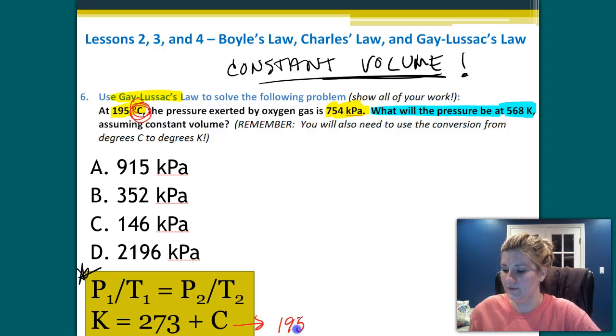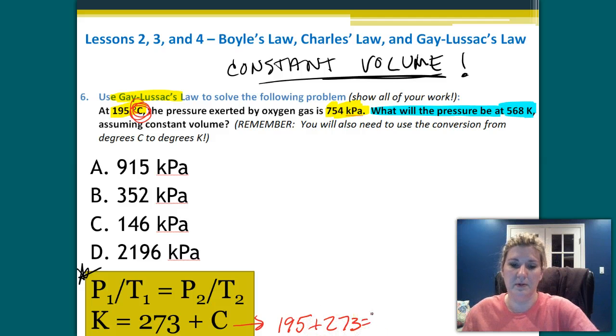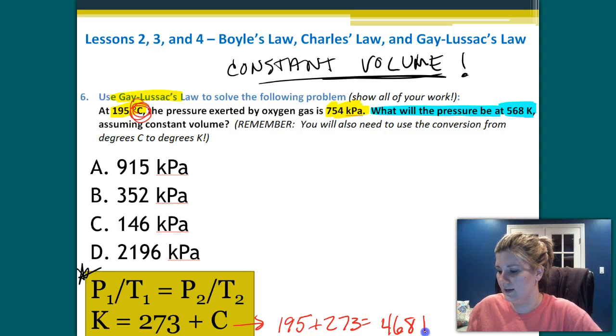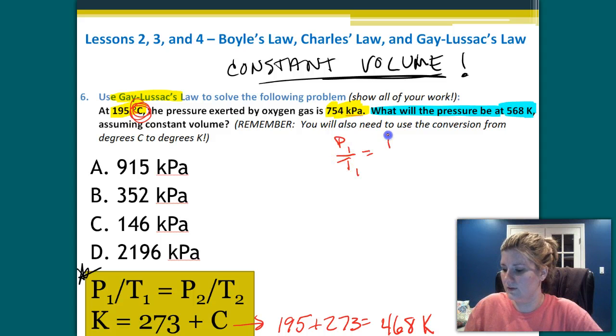Actually, let's convert that right away. Our 195 plus 273 is going to equal something pretty big, huh? It's a high Celsius temperature, 468 Kelvin. And then we increase to 568. So let's write our equation. Let's set this all up.